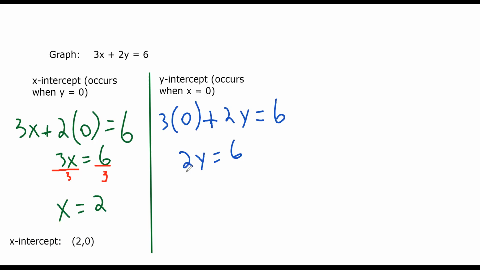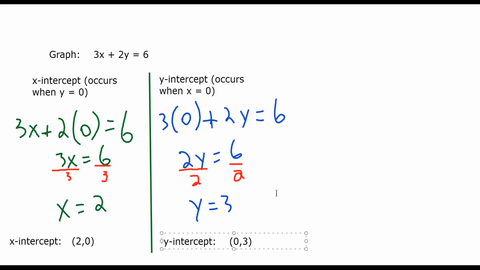Divide both sides by 2, and you'll end up with y equals 3. So now the y-intercept, well, the y-coordinate will be the 3. What will the x-coordinate be? 0, exactly.